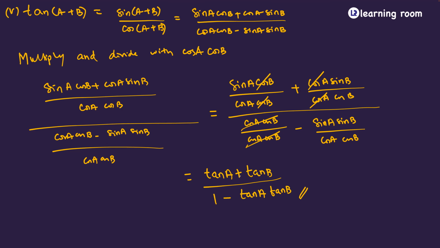Because each term in the expression is multiplied twice. It's a combination of sine and cos and sine. So if you see where maximum cos is available, we have to do cos only because I want the sine A to get converted to tan A. I thought of only one, but what happened is cos B got cancelled.